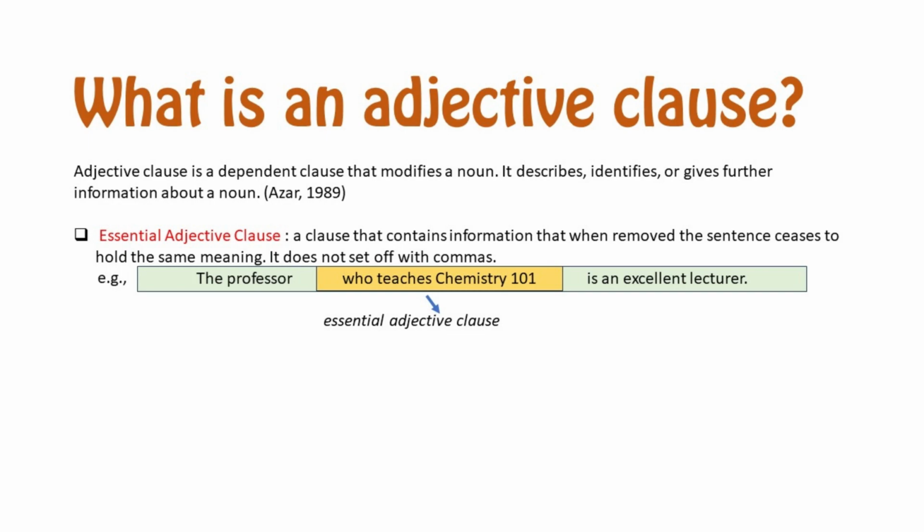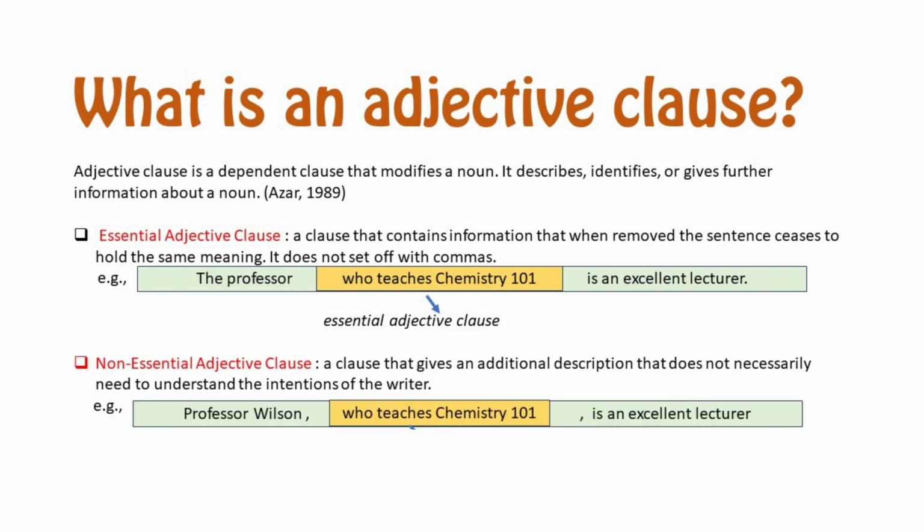And the second one, a non-essential adjective clause, is a clause that gives an additional description that is not necessarily needed to understand the intentions of the writer. And it is set off with commas.